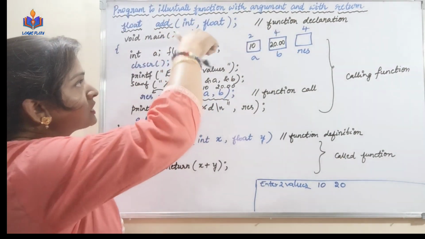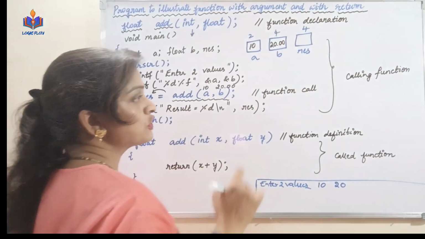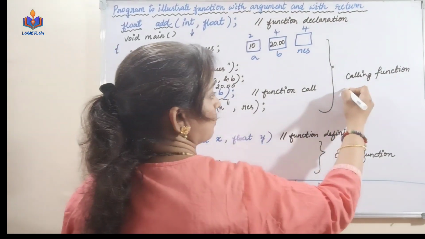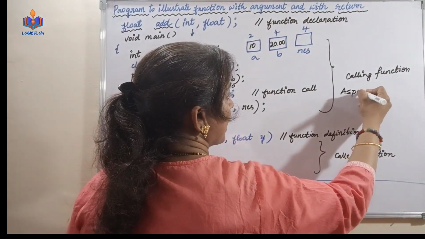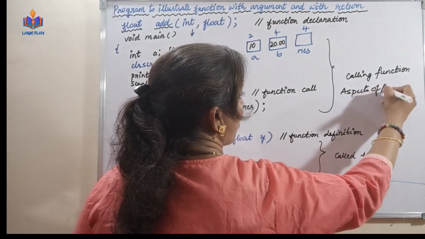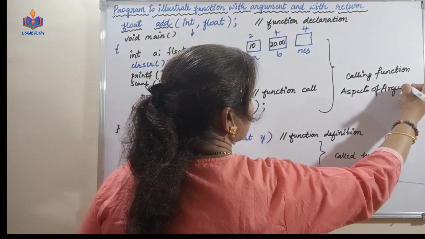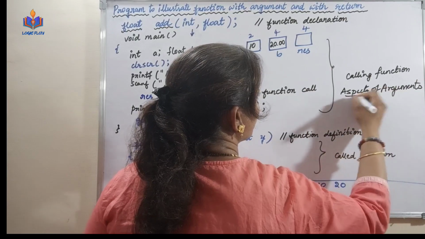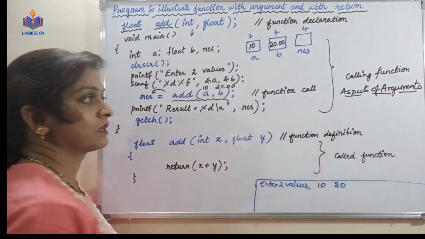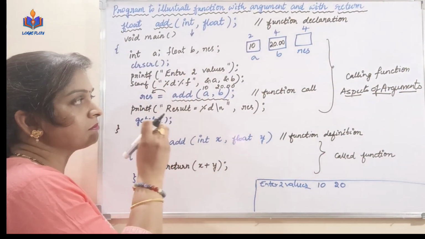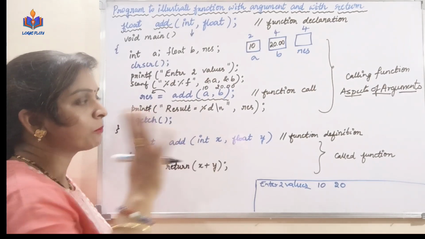But coming to the arguments, you have some aspects of arguments. Aspects of arguments means how the compiler is going to match the arguments. There are some aspects of the arguments which talk about three things.